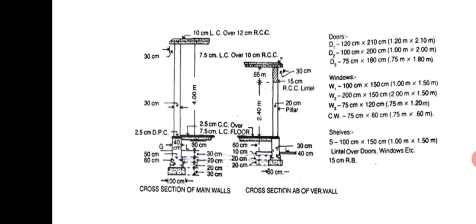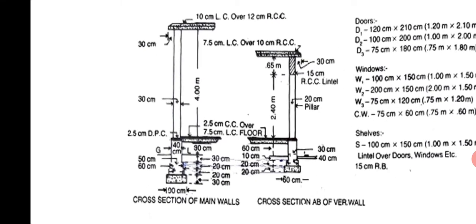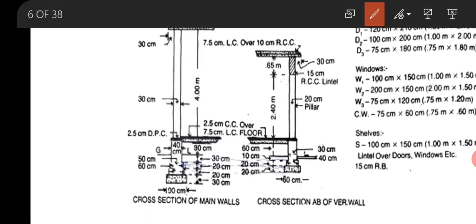Now we will see the cross section of the 30 centimeter wall, because the long wall is of width 30 centimeter. That means main wall.